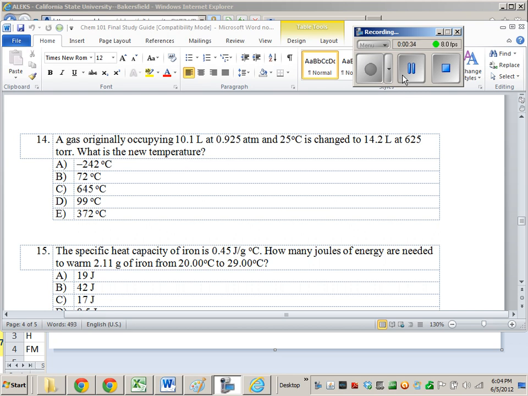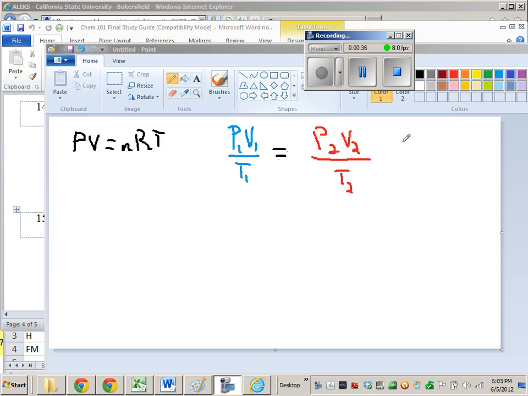So this is going to be some sort of a gas law problem. We're talking about gas laws, and these are the two formulas that you're going to be using. This is, I think, called the ideal gas law, PV = nRT, where P is pressure, V is volume, n is number of moles, R is the gas constant, and T is temperature in Kelvin.